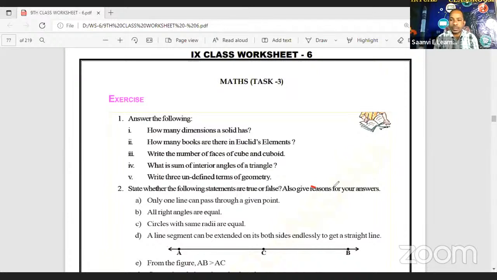Okay. So suppose you take a dice, if you observe it, it has 6 faces. And for a cuboid, a brick or duster is a best example. If you observe it, it has 6 faces.